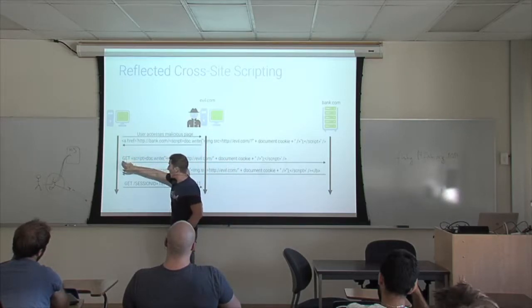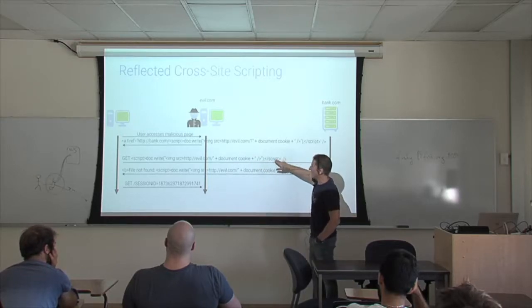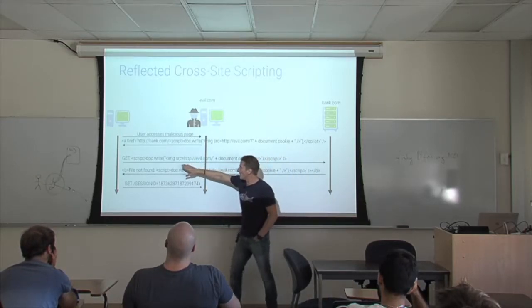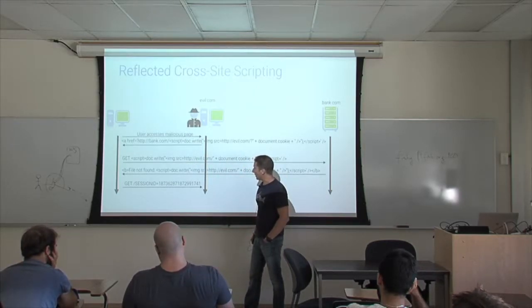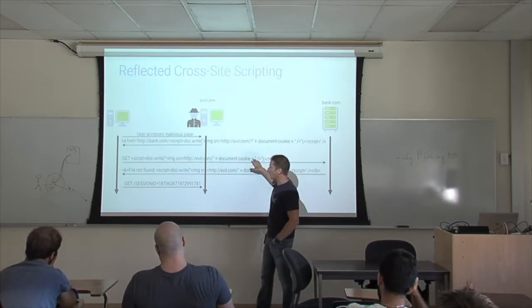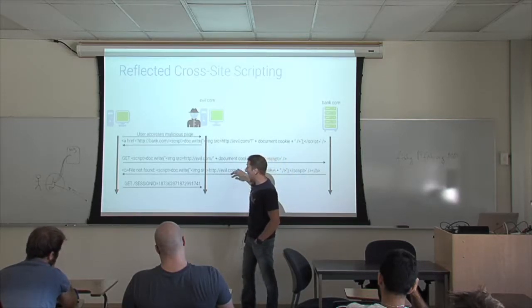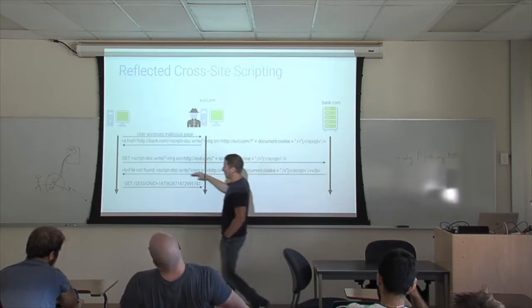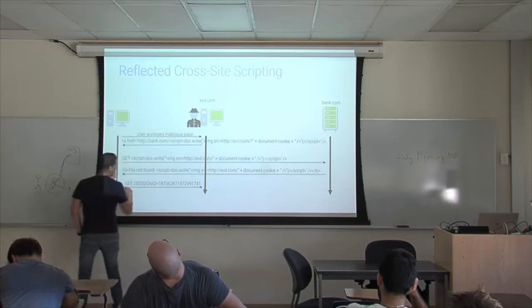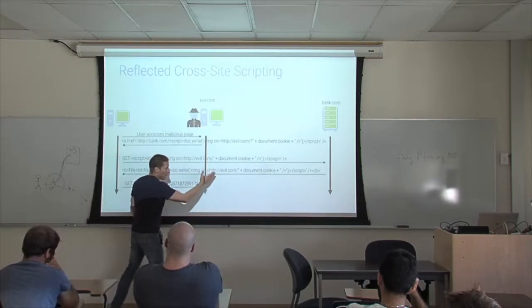The user clicks and requests from the bank this tag with image source evil.com plus the content of the cookie. When this is received by the server, it will say file not found, and then the script, because it has not been sanitized.